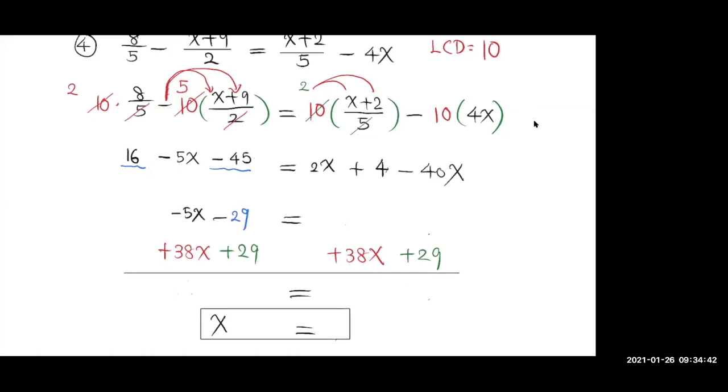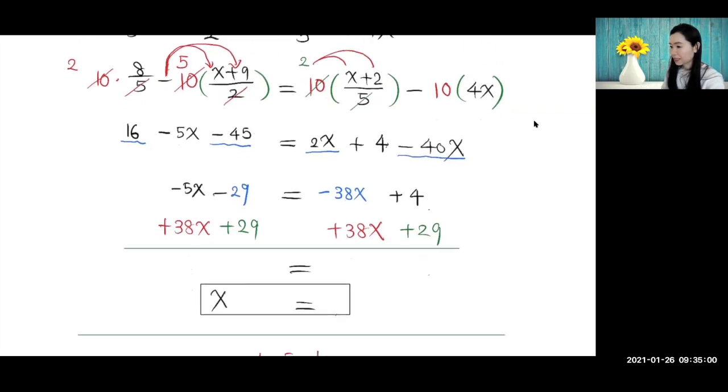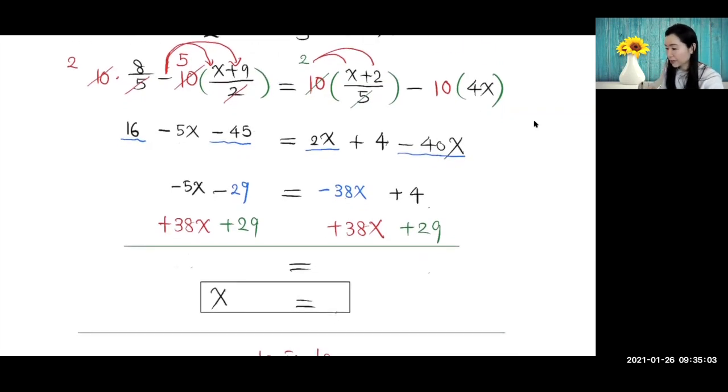And then on the right side you have 2x minus 40x, you get -38x. And then plus 4 over here. Now I want to have the x on the left side of the equation.